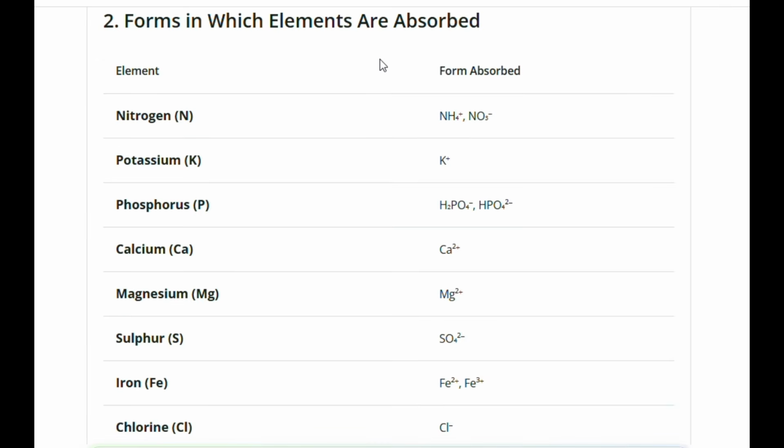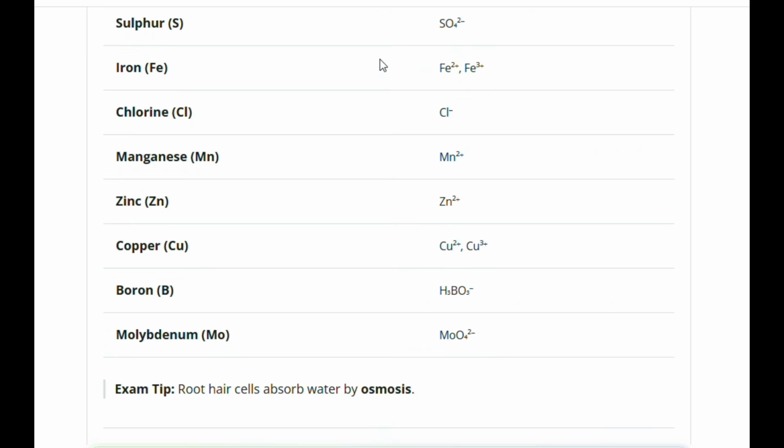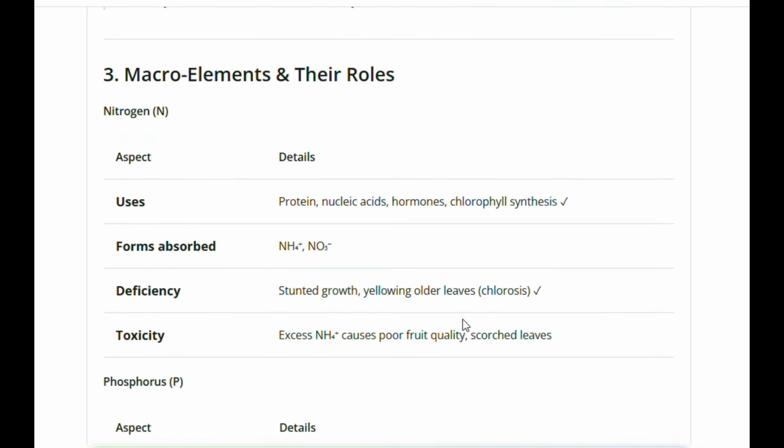The list goes on: iron, chlorine, manganese, zinc, copper, boron, molybdenum. You must know the symbol and the exact term for the element. Exam tip: root hair cells absorb water by osmosis. We know that.